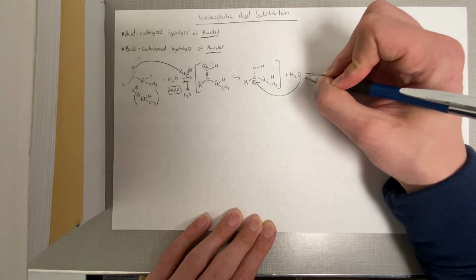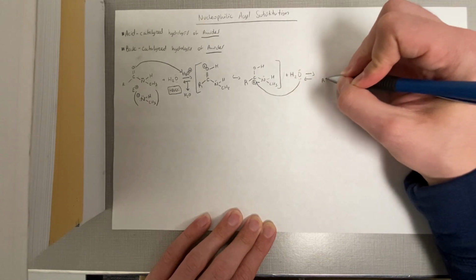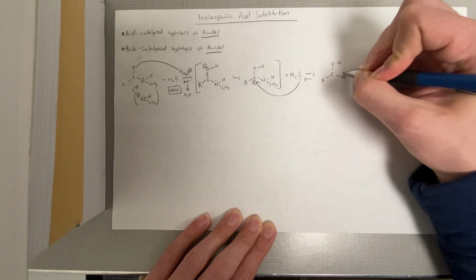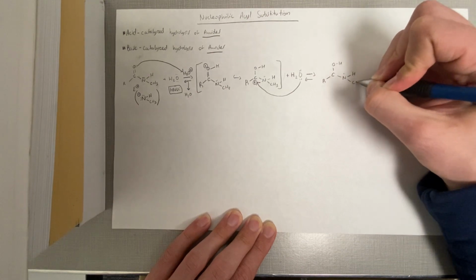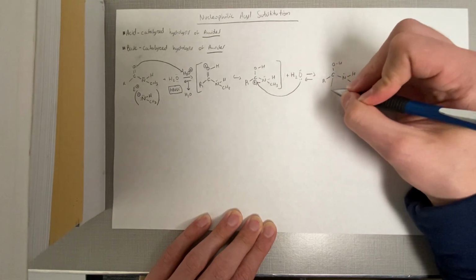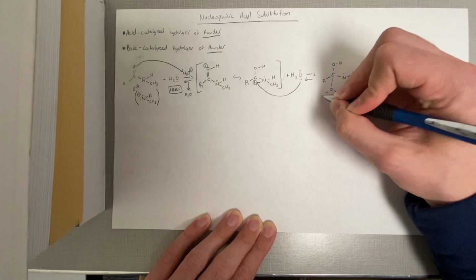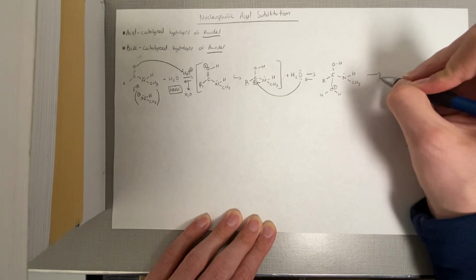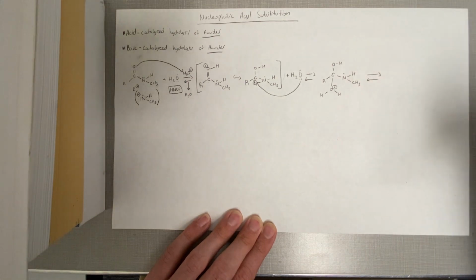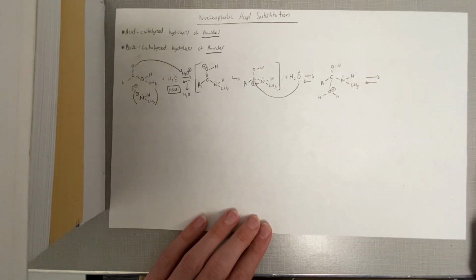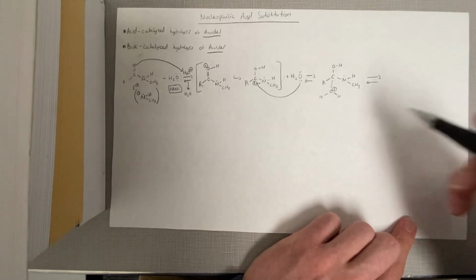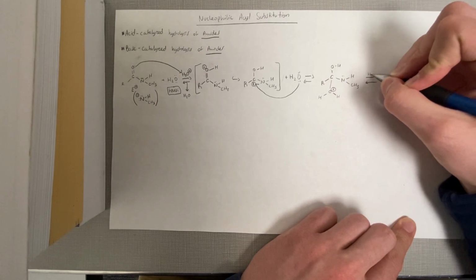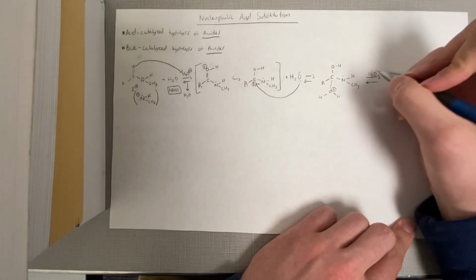With that, we obtain this with a positive charge. And now we want to get rid of that positive charge, right? So one thing we do is have a base.